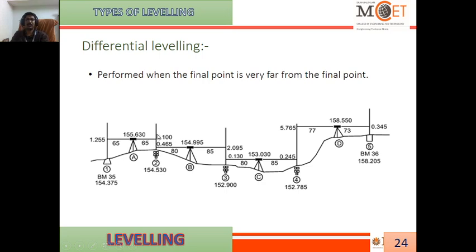Next the intermediate, but it is not intermediate, we need to change again. When the terrain is undulated, we need to go for differential leveling to attain the final point RL. We need to change the instrument position often. That type of leveling is the differential leveling. The picture shows it with the values. We will solve a problem also.